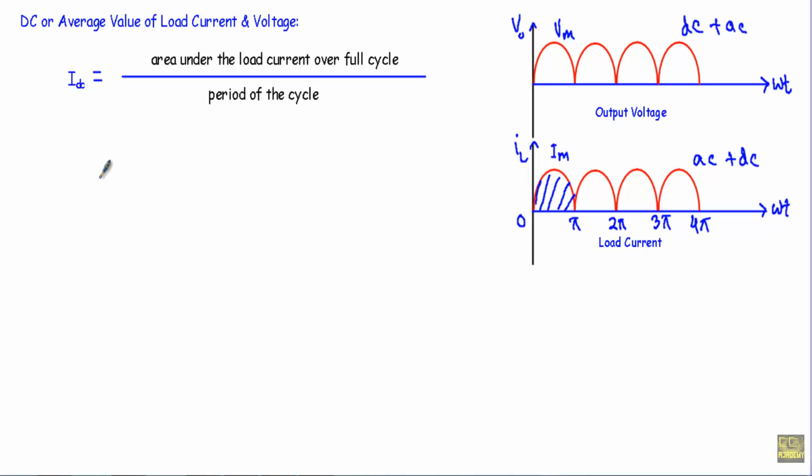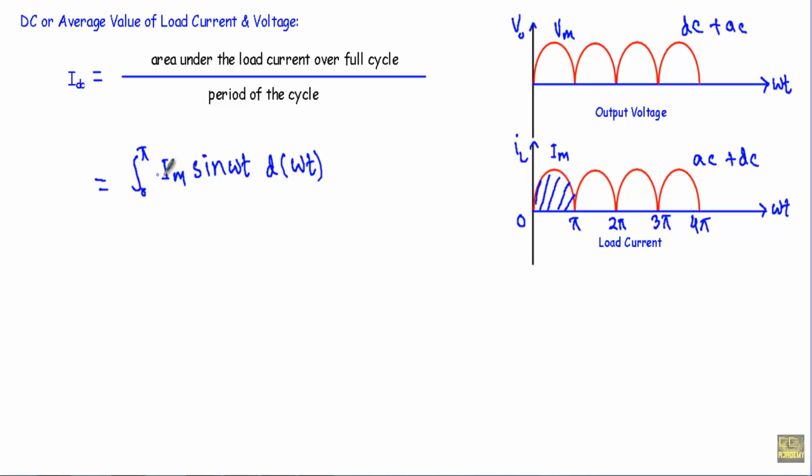To calculate that area, I will take the integration of our load current IL over the full cycle, 0 to π: Im sin ωt with respect to d(ωt).